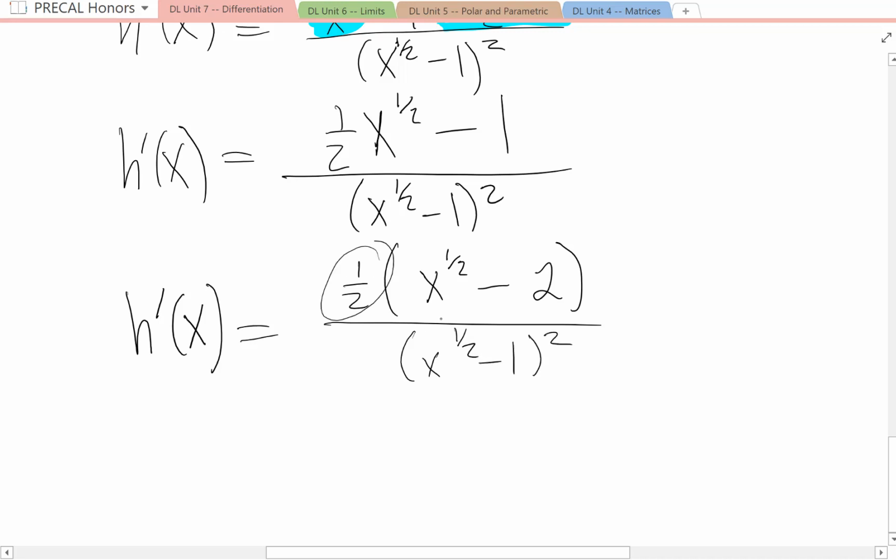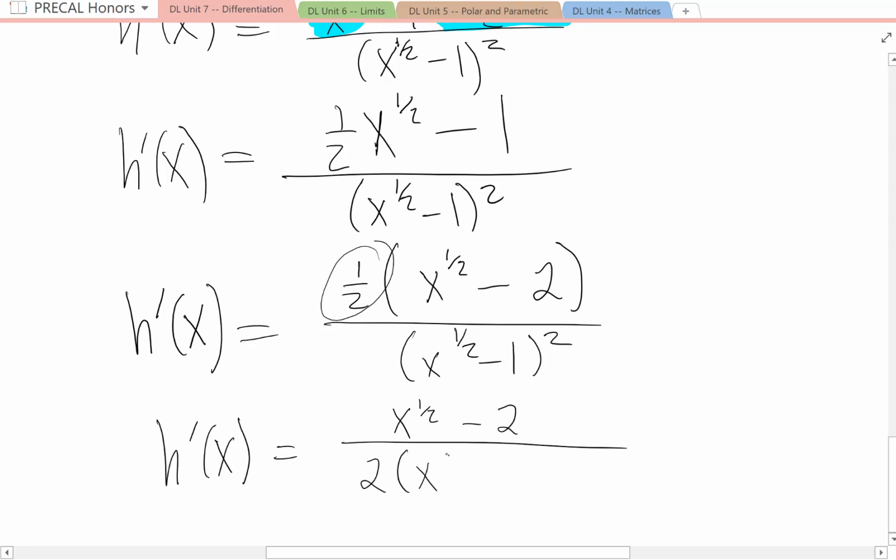So now I can take this 1/2 and multiply it by the entire fraction now that I have factored it out of the numerator. H prime of x is equal to x to the 1/2 minus 2 over 2 times the quantity x to the 1/2 minus 1 squared.